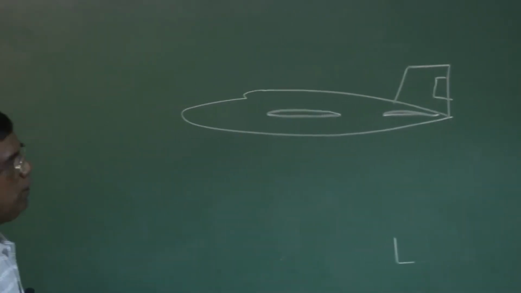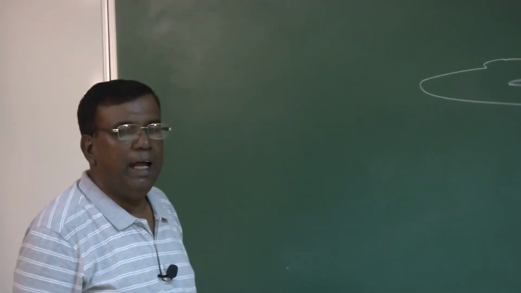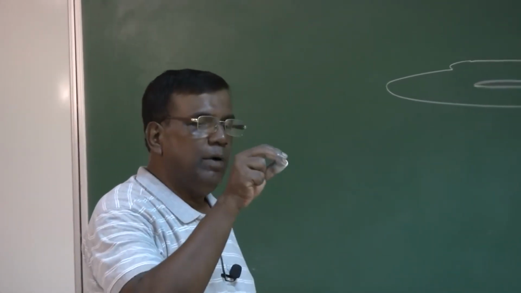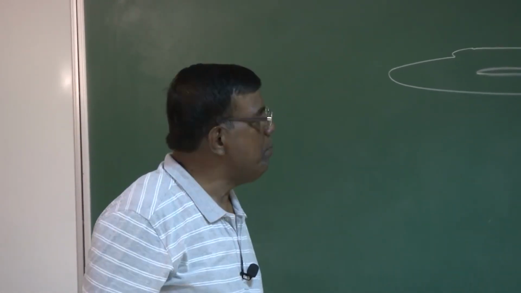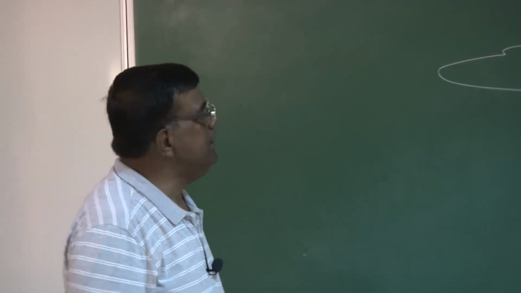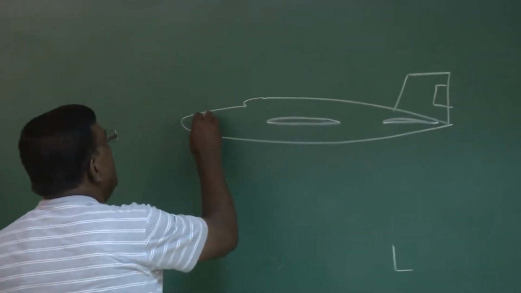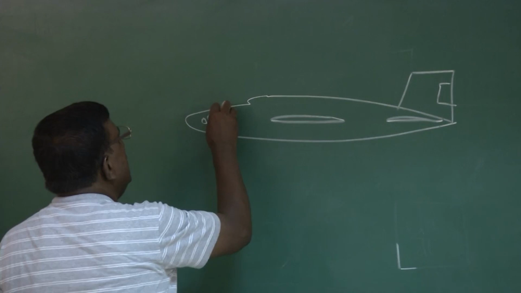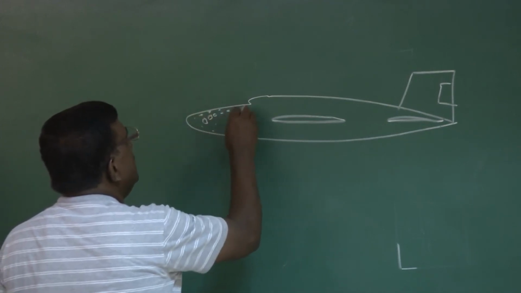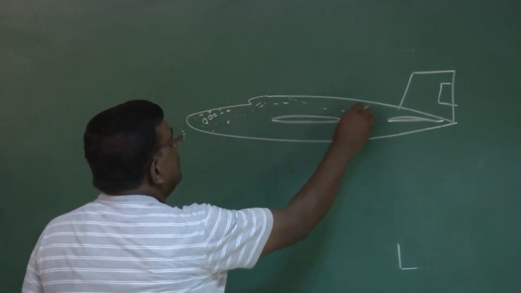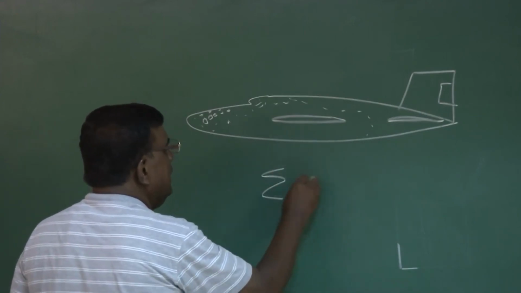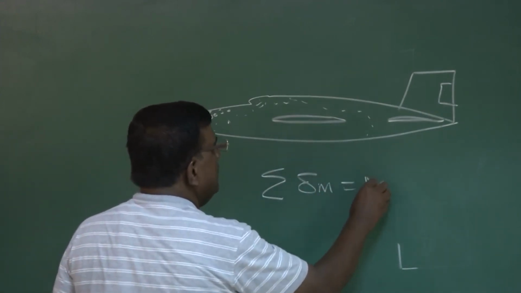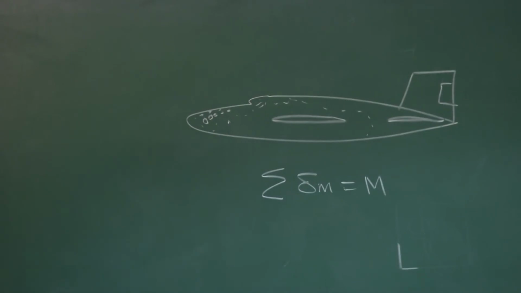The moment I write F equal to ma, I am biased with an understanding that the mass is a concentrated mass. But when I see an aircraft, I see it's composed of so many delta m, right? So summation of delta m is actually the mass of the whole airplane.